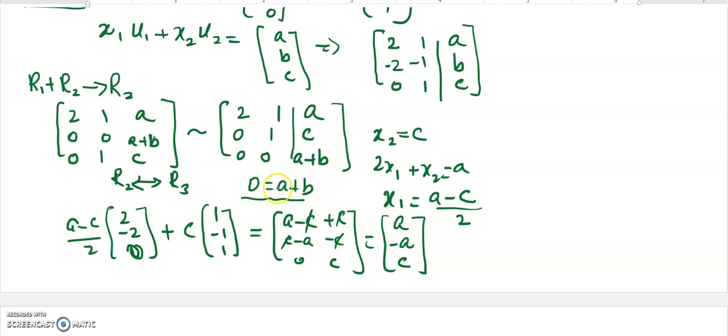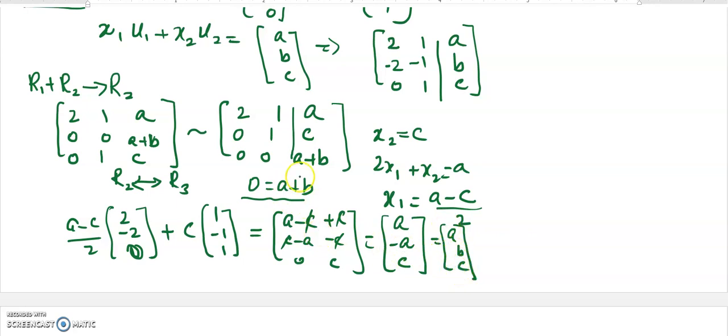From the third equation, minus A is equal to B. So we get A, B, C.